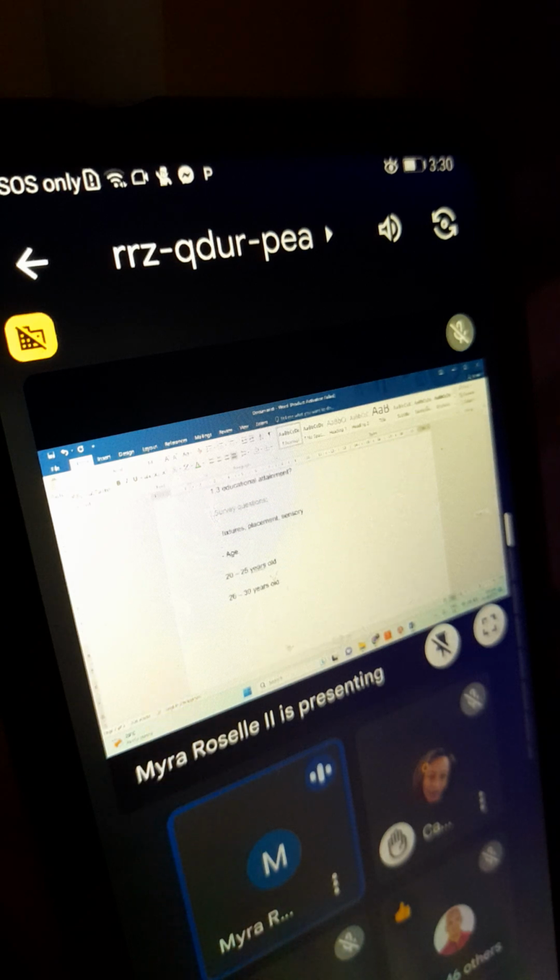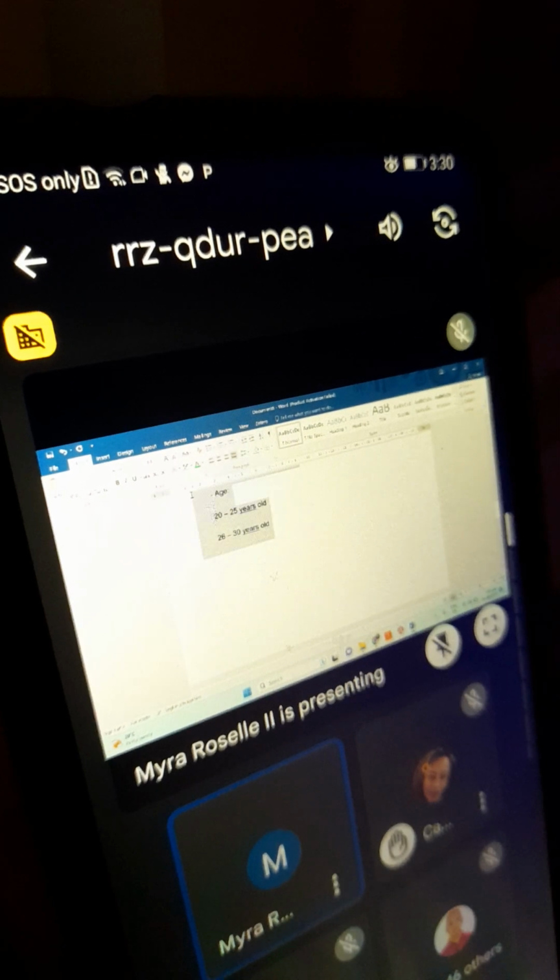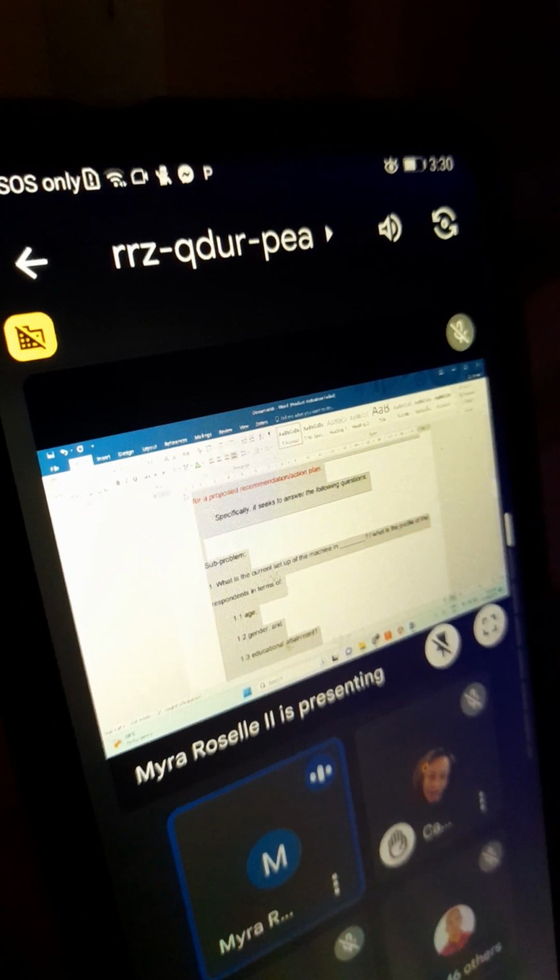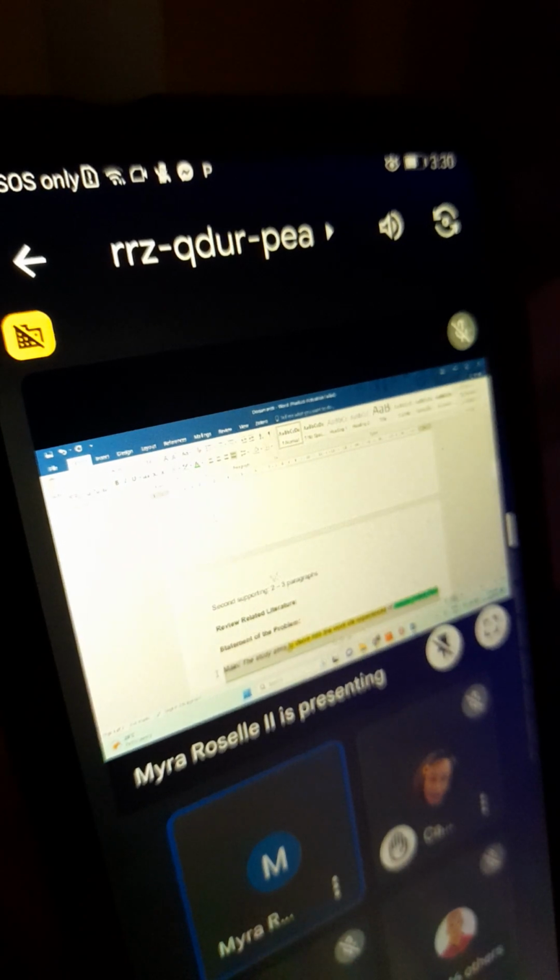Okay? Information overload for everyone. Let's continue. After the statement of the problem, you have the significance of the study. Your advisor can guide you.